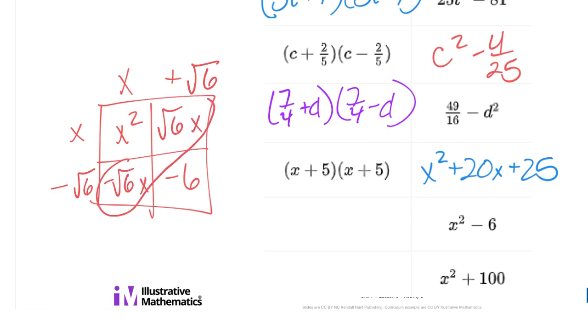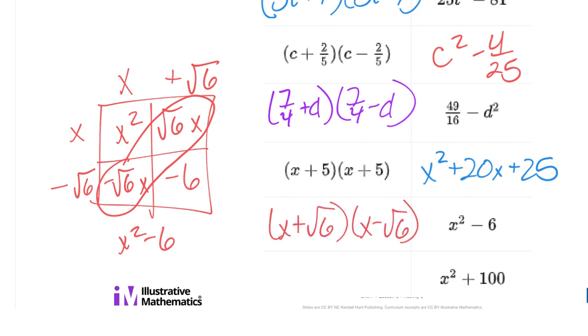And so we see that our x values, we have a positive square root of 6 times x and a negative square root of 6 times x. When you combine those, that's going to be 0x. And so I end up with x squared minus 6, which is what we want. So our factors that we end up with were x plus the square root of 6 times x minus the square root of 6. It doesn't look as nice, but it still works.